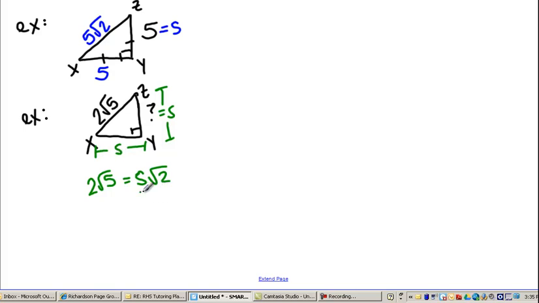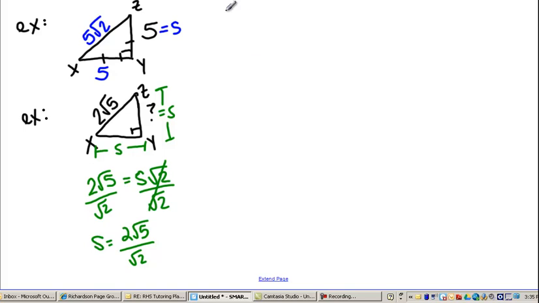Okay, so we are going to divide by the square root of 2 on both sides. So we have 2 square roots of 5 over the square root of 2. Okay. You can't have 2 radicals. I know on Monday I told y'all it's okay if you keep a radical on the bottom. It's okay as long as there's not 2 radicals here.